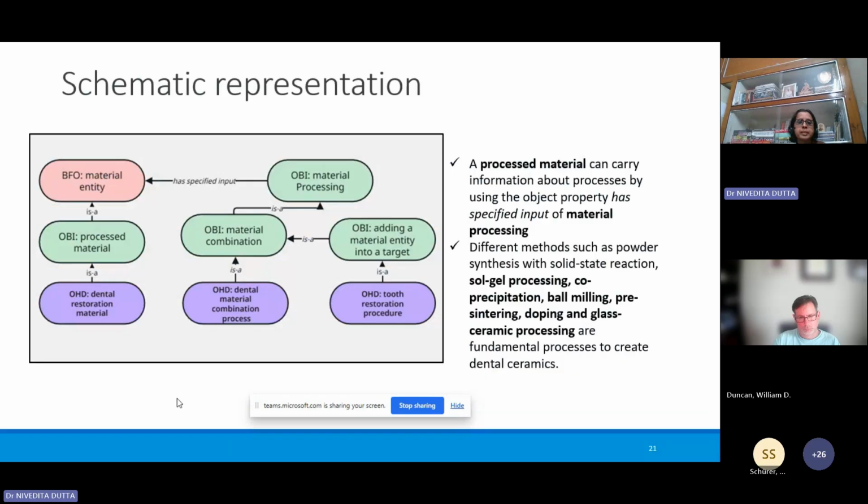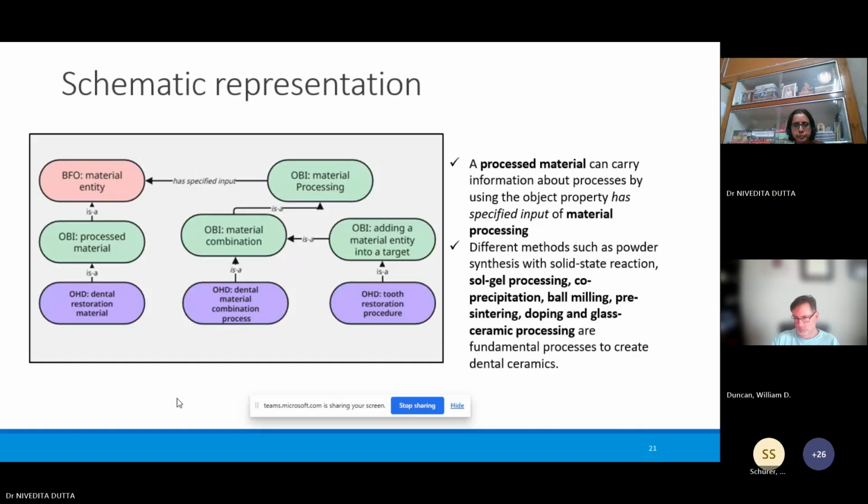So this is the schematic representation of the restoration material we used. As a parent class, we used process material, which can carry the information about the processes by using the object property has specified input of the material processing, because dental restoration materials are the result of different types of material processing, like sol-gel processing or ball milling.